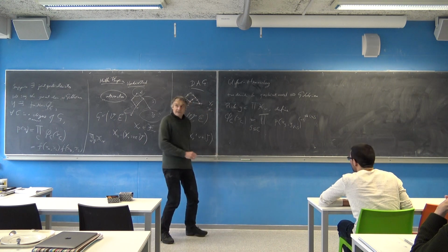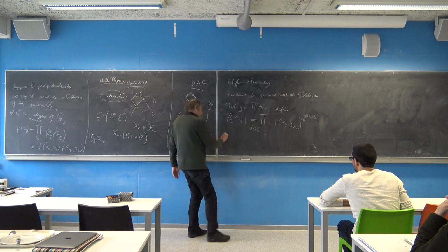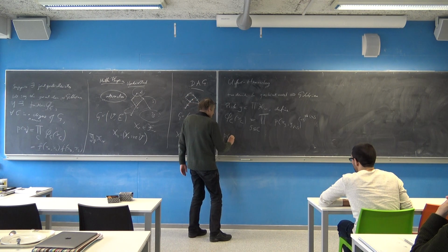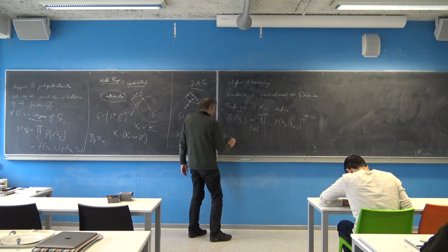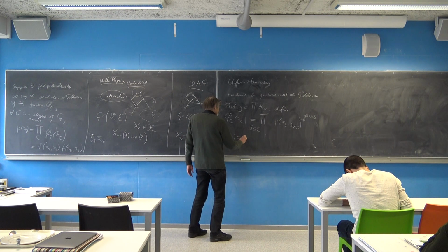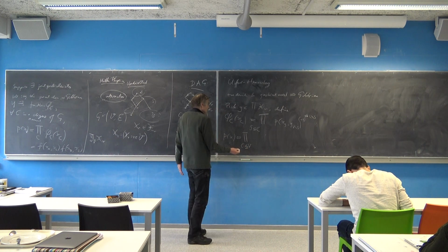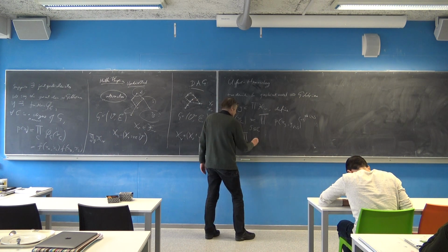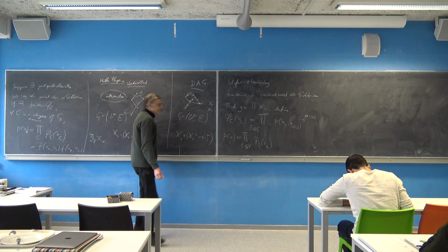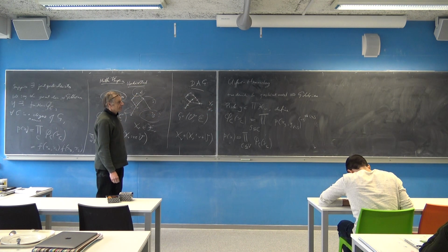Okay, now I say Möbius inversion tells us that P of x, everything, is the product over all subsets of V, complete or not, of the phi C's of x_C.